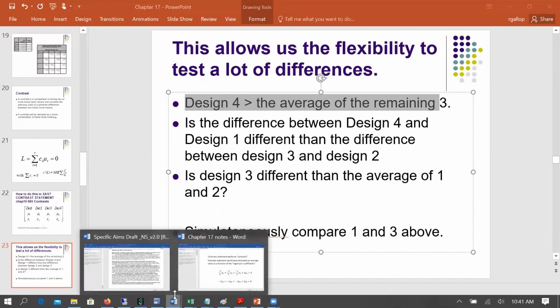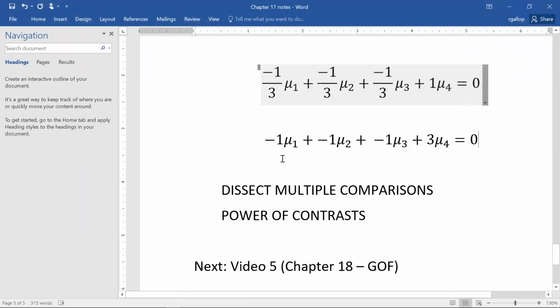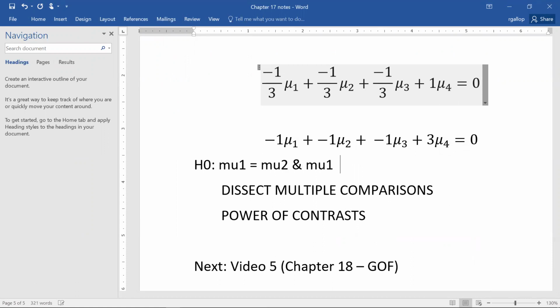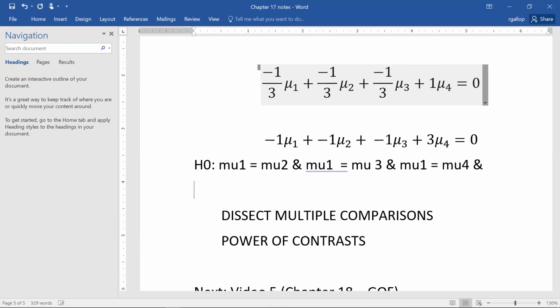It's a simultaneous test. The ANOVA models we do are simultaneous tests. With the ANOVA model, remember, mu1 equal to mu2, and mu1 equal to mu3, and mu1 equal to mu4, and mu2 equal to mu3, and mu2 equal to mu4, and mu3 equal to mu4.